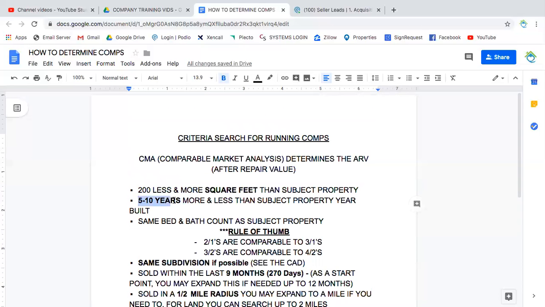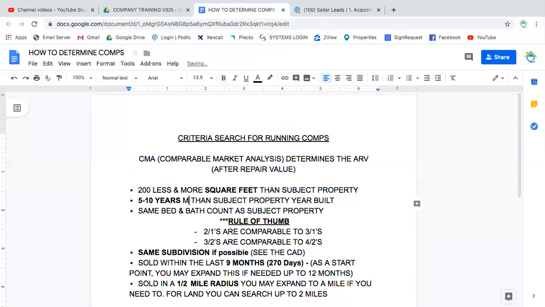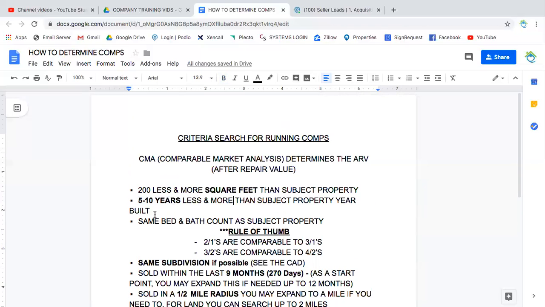In the next section, it's 5 to 10 years more or less than the subject property's year built. Lately, I've been finding myself searching properties that are 10 years plus and minus the subject property, because sometimes 5 years plus and minus is not going to show enough homes. And it doesn't hurt if you have a house that's 2, 3, 4, or 5 years more than your subject property.